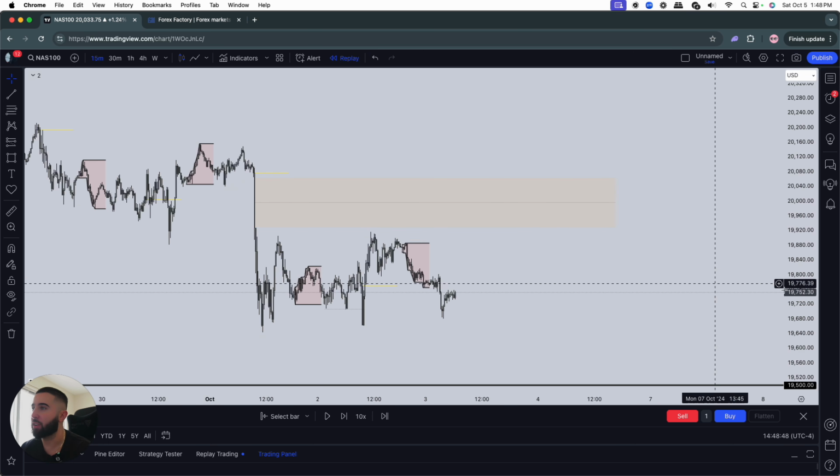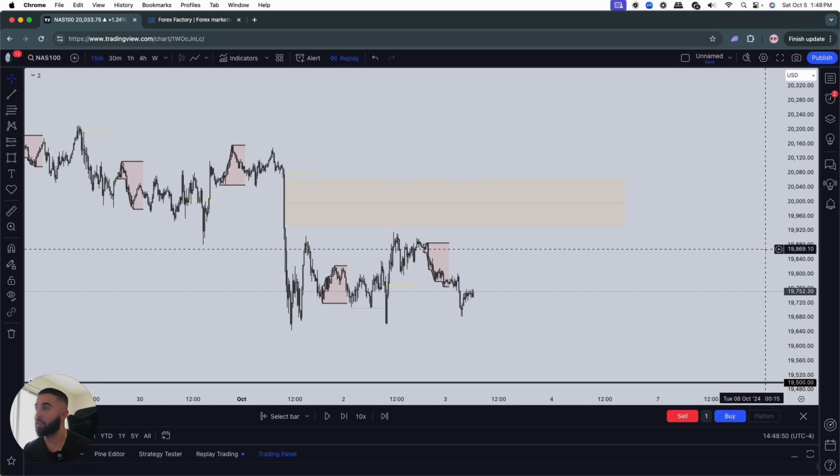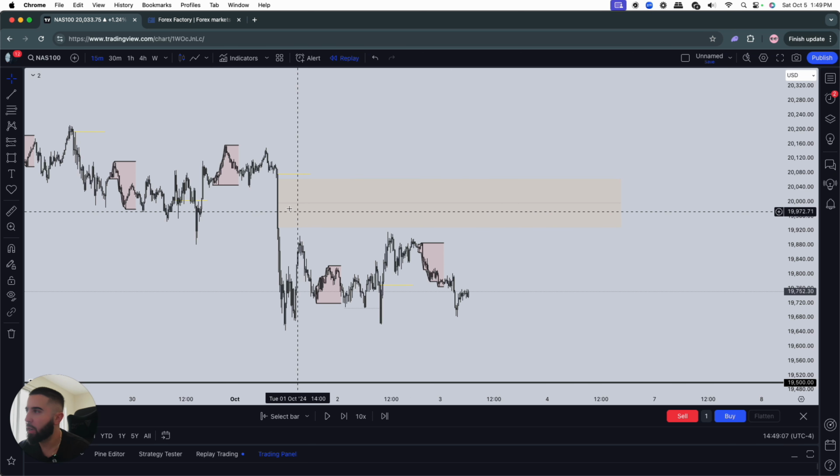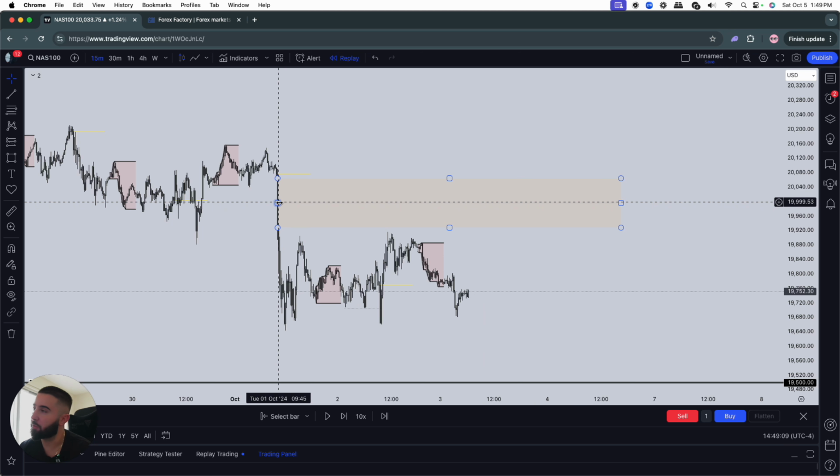Obviously, the higher the time frame is, the more that imbalance or fair value gap is going to matter in terms of the overall higher trends, if it's going to be a big pivot point or whatever the case is. But again, that goes for any concept, whether it's liquidity, imbalance, support, resistance, trends. The higher time frames are always going to be more powerful.